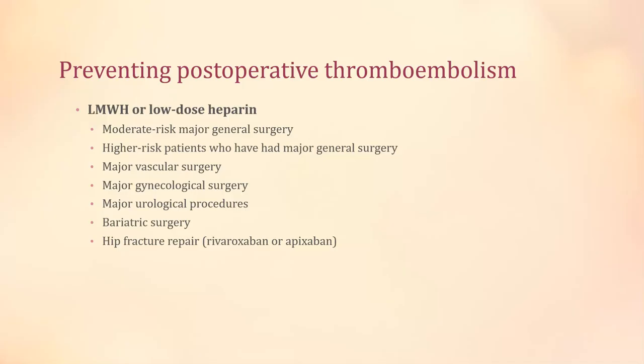All hospitals are required by Joint Commission to have a formal, active strategy to prevent venous thrombosis. The American Society of Hematology, which is ASH, recommends the use of low molecular weight heparin or low dose heparin as thromboprophylaxis in the following surgical procedures, which I have already named.